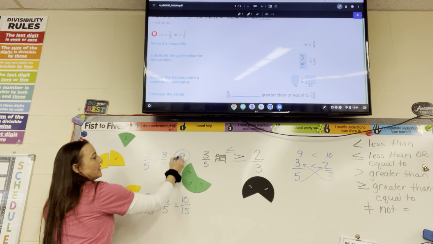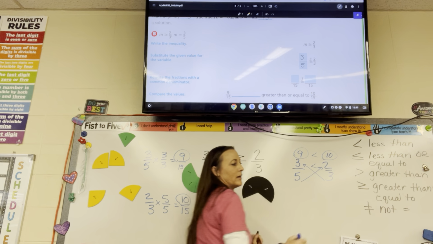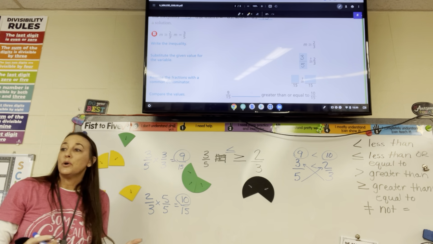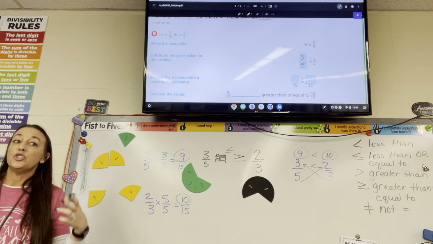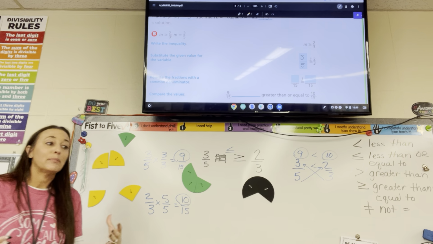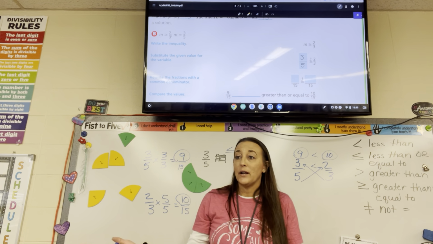Notice the numerators are the same numerators that we're comparing over here, because cross multiplying is a shortcut to finding common denominators. You just don't have to find the denominator part, because when the denominators are the same, we're just looking at the numerator anyway.